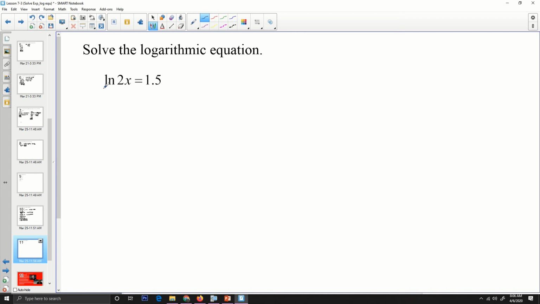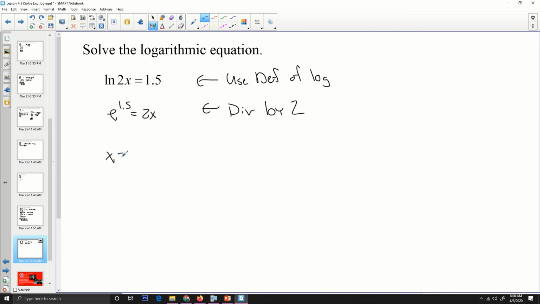All right, last one here. Solve the logarithmic equation. We have ln of 2x equal to 1.5. Here I'm going to use the definition of logarithm, and I'll go e to the 1.5 equals 2x, and then we'll divide by 2. X equals e to the 1.5, all divided by 2.